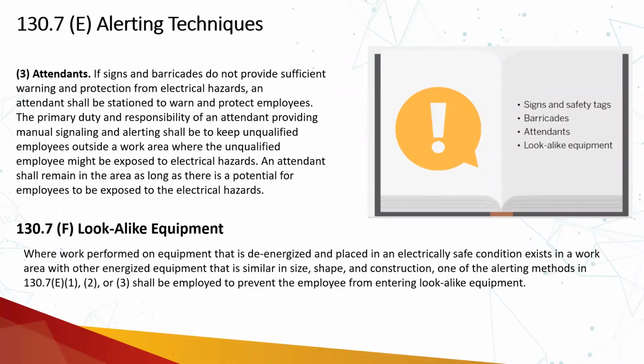So for all the alerting techniques covered in 130.7E, if any one of those alerting techniques can fulfill the requirement, then apply one, or we can apply a combination of the alerting techniques covered in 130.7E 1, 2, and 3 in order to make people realize the hazards.